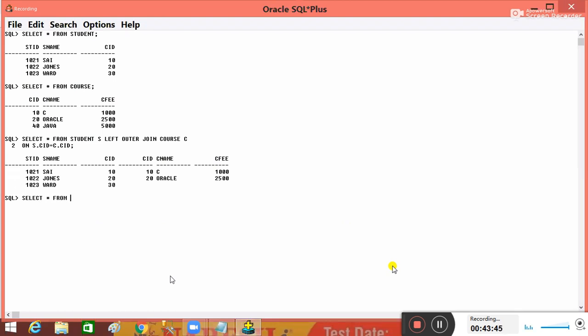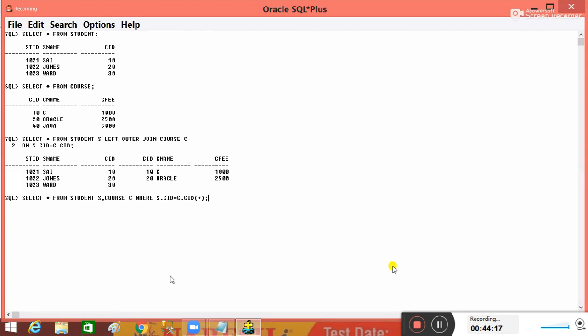Select * from student, as usual you give the alias, comma, course C, where S.CID = C.CID, and here I'm using the join operator.